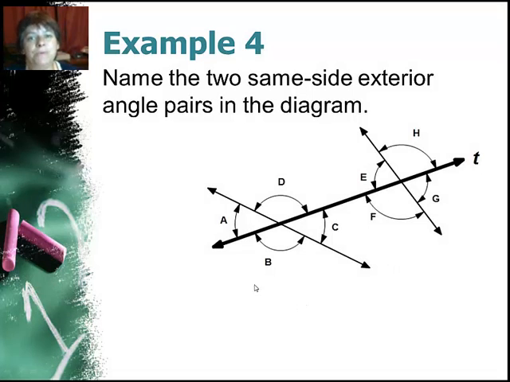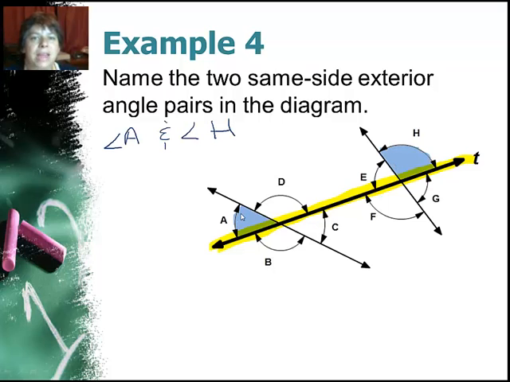So in example 4, hopefully it's numbered right in your notes, we're doing the exterior. So my angles on the exterior are A, B, G, and H. I'll start with angle A. First, I like to highlight my transversal though. Then I've got angle A. Since it's the same side, it needs to be above the transversal.